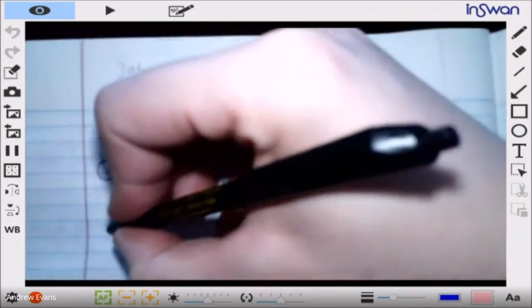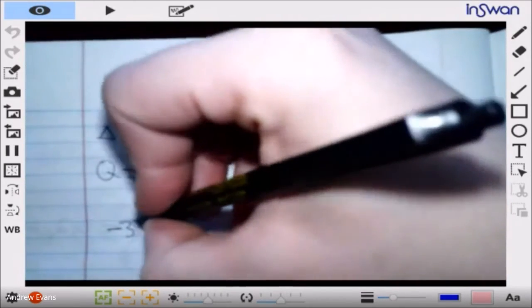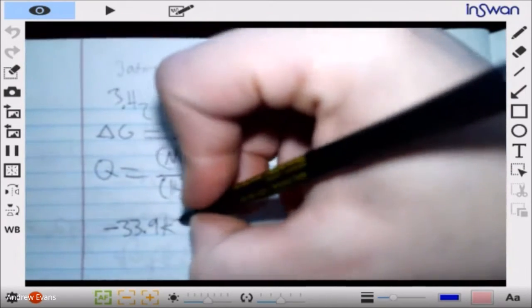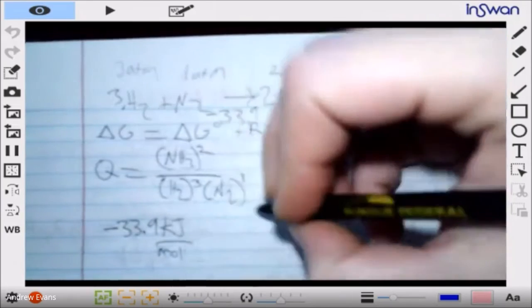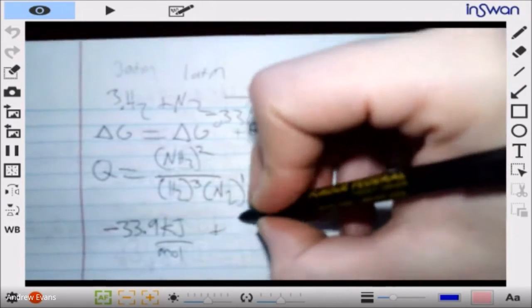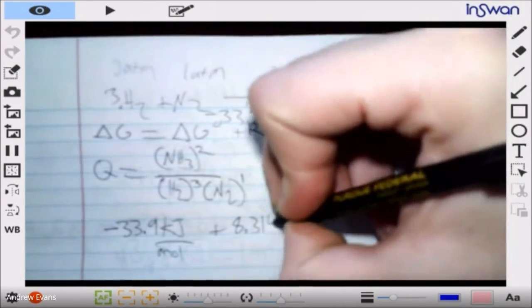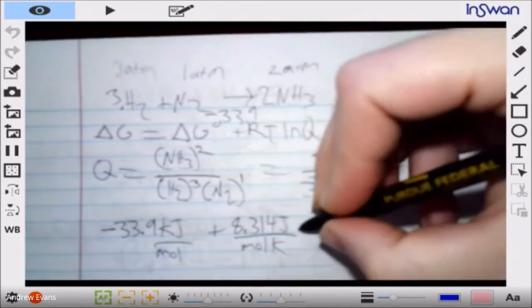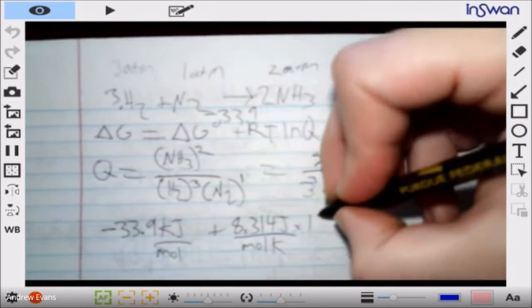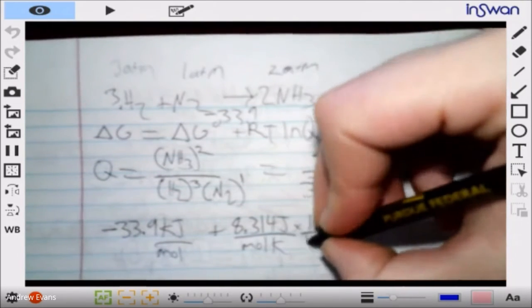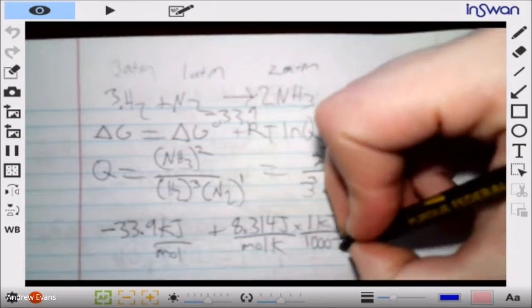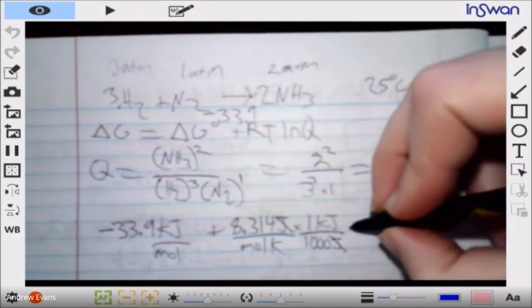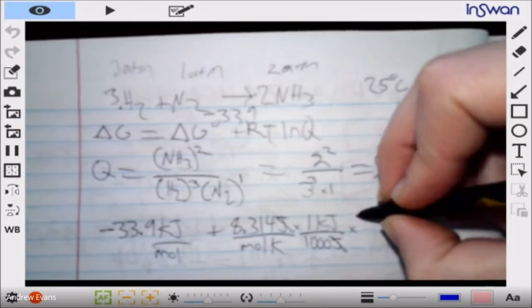Since our delta G standard is negative 33.9 kilojoules per mole, plus R, which is 8.314 joules per mole Kelvin. We have to convert that into kilojoules. We have to multiply that by our temperature at 25 degrees.